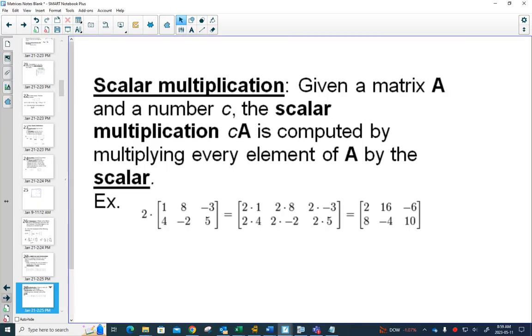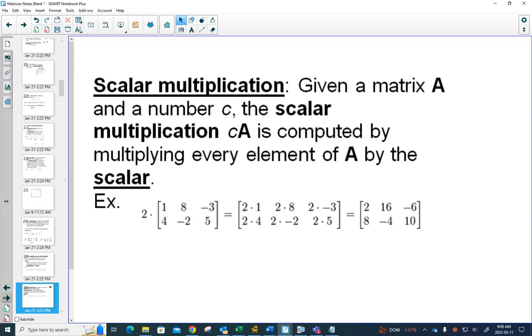Here's another word for number. If you are multiplying a matrix by a number, we will call this scalar multiplication. So scalar is like another word for number in front. So if you had this 2 by 3 matrix, and there's a 2 out in front multiplying it, it means every single element in the matrix is going to get multiplied by 2.